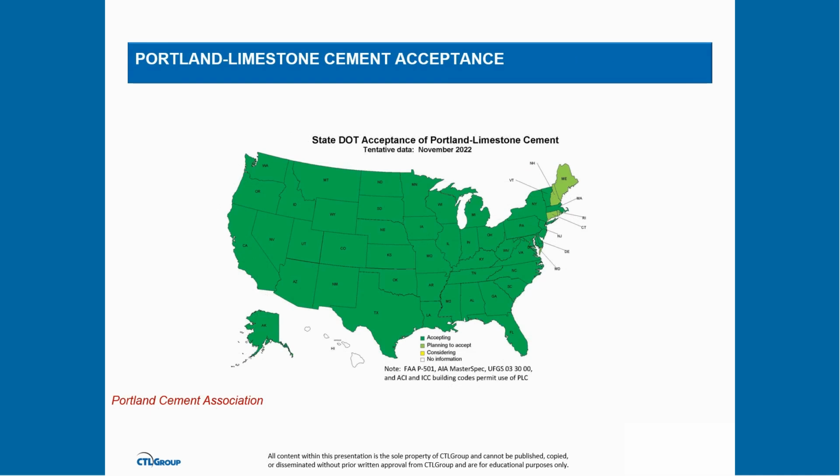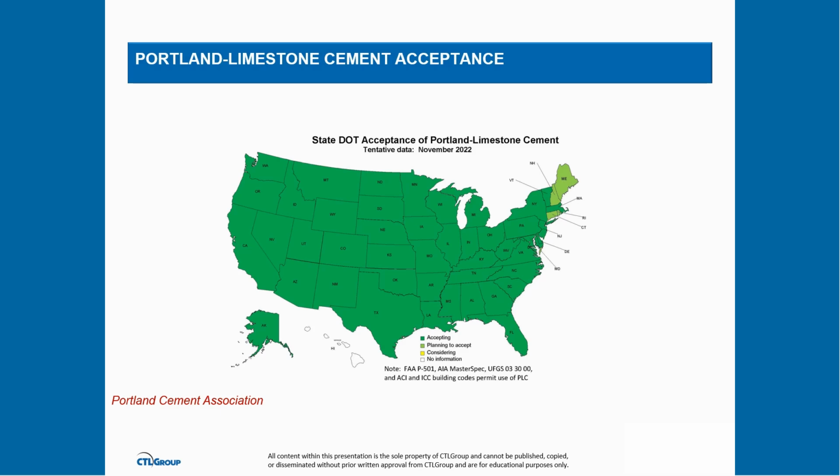PLC has been common internationally for decades, but it is relatively very new to North America. There is a worldwide acceptance of PLC, and in US, most of the state Departments of Transportation have adopted provisions to use PLC. This is a recent thing that has been published on the Portland Cement Association website.